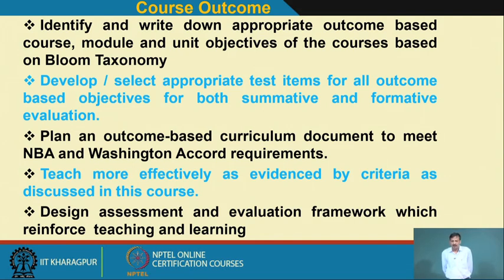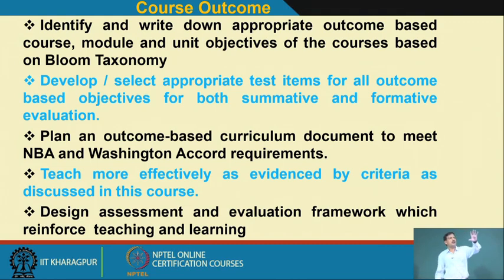As a teacher of any course, whatever you teach in your college or university, you will be able to write down your course outcome. A course consists of several module outcomes, and different modules consist of different units.